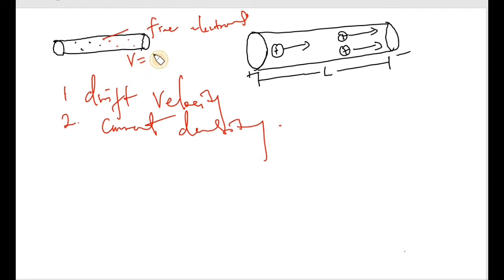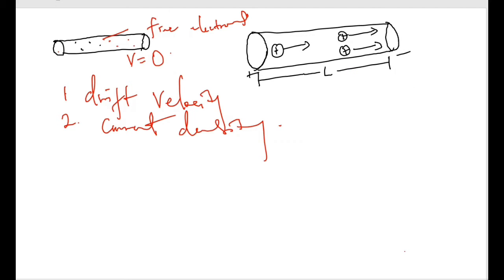So the velocity here is 0. But if we now apply a potential difference between the ends, you notice that there will be an overall velocity in one direction. So how do we now calculate this velocity?